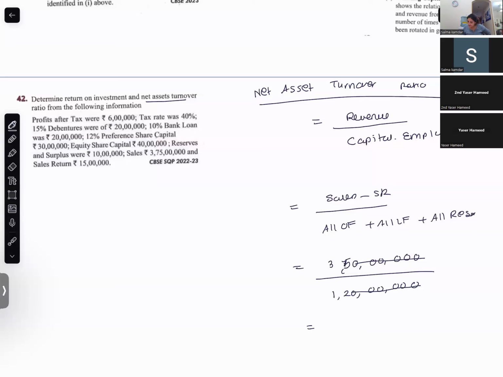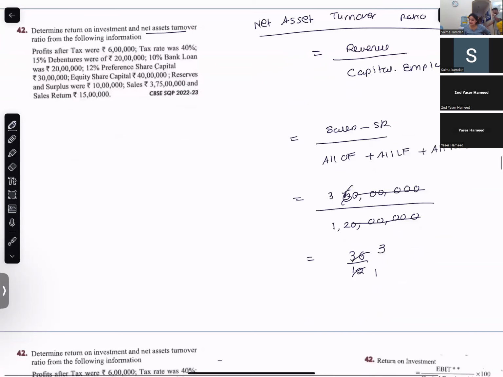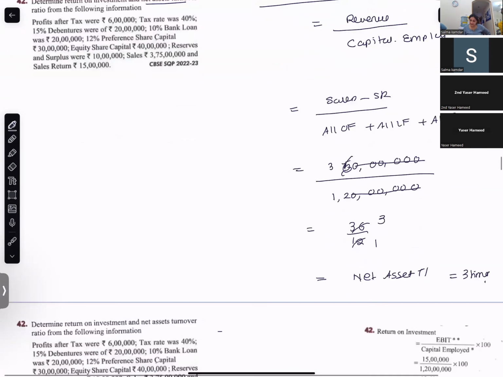So we are left with 360, so 36 by 12. 12 ones are 12 and 12 threes are 36. So the net asset turnover ratio is how much? The net asset turnover ratio is 3 times. Are you with me? Yes.